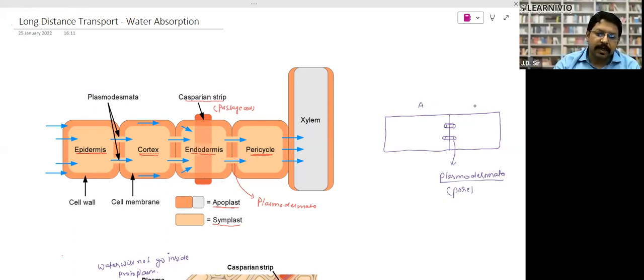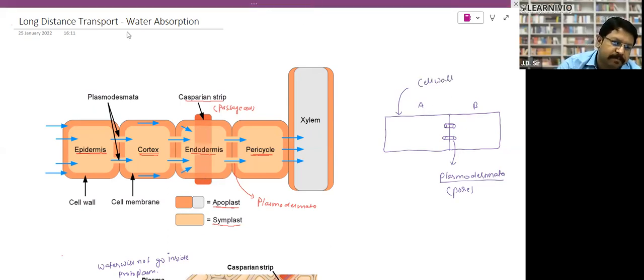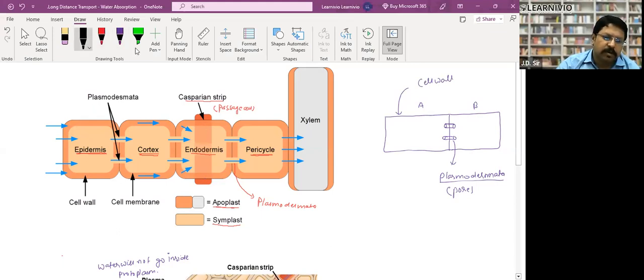So this is cell A and this is cell B. What is the outermost part of the cell? Can you tell me what the outer layer of the cell is? That is the cell wall. After the cell wall, what will be there? Cell membrane. Very good. You can call it cell membrane or plasma membrane.